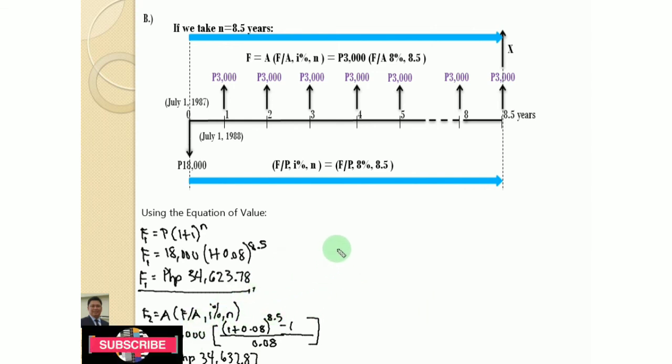So we have this F2 here for considering this 3,000 as annuity.